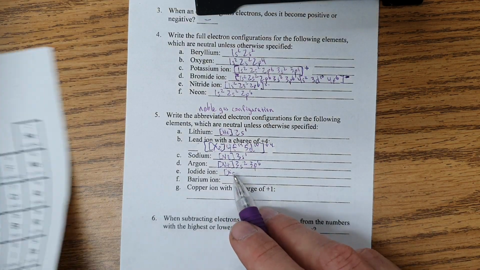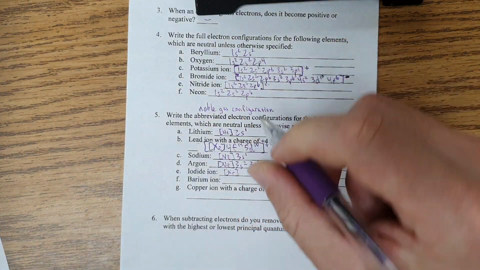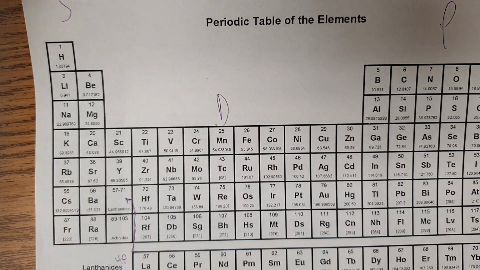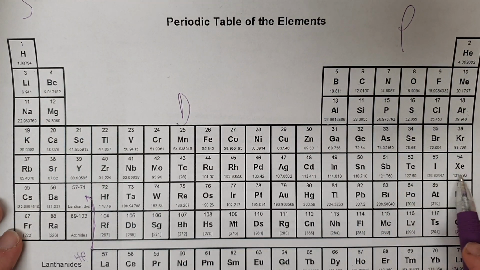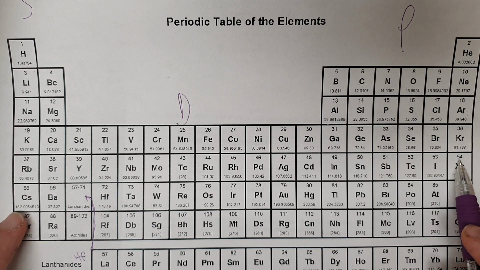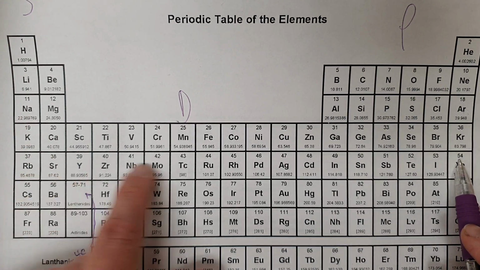Fair enough. So the previous noble gas is krypton. That's Kr. And now I'm going to do all the electrons necessary to get up to 54, because iodide has 54 electrons since it added 1 to make 54. So I have to make it match this. So that's 1, 2, 3, 4, 5.